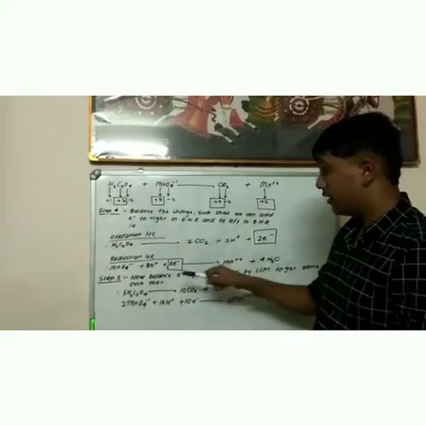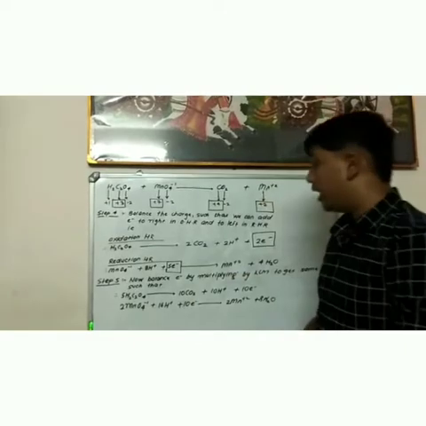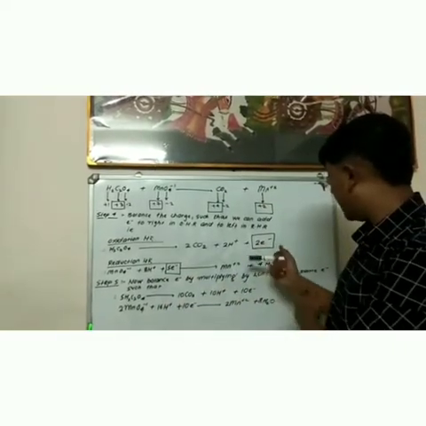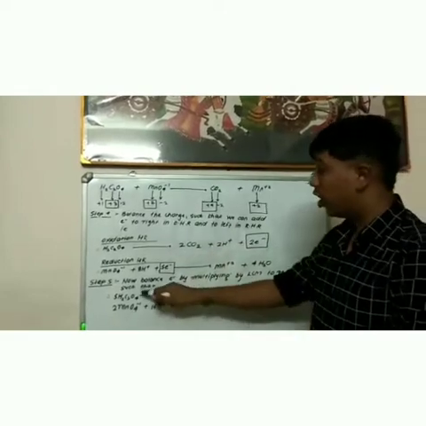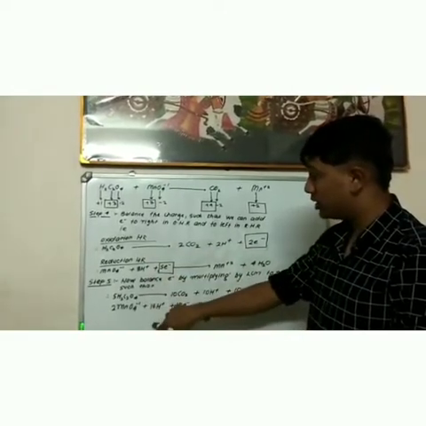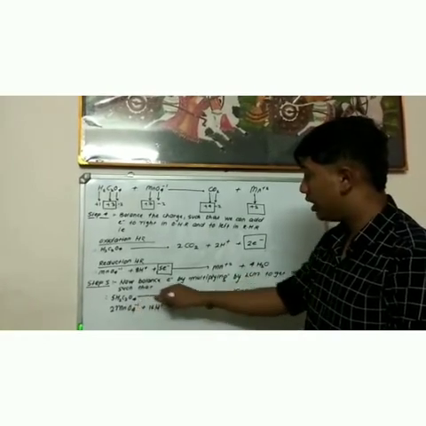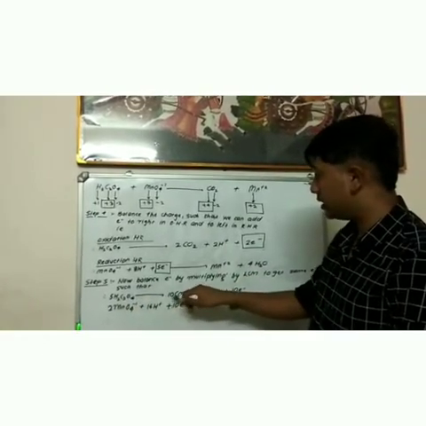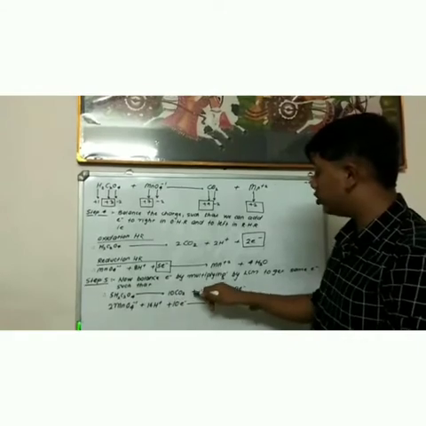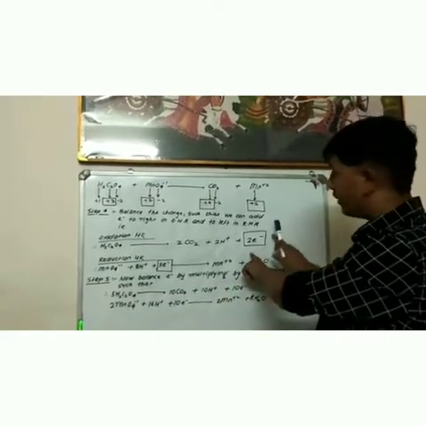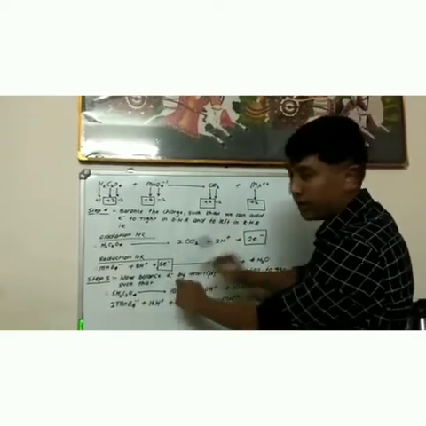Therefore, step 5, we multiply by the LCM to get the same number of electrons in the oxidation as well as the reduction. Therefore, 5 H2C2O4 gives 10 CO2 plus 10 H plus 10 electrons, that is multiplying by 5, and here we will multiply by 2.